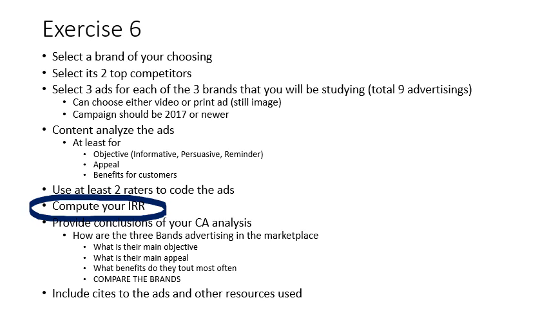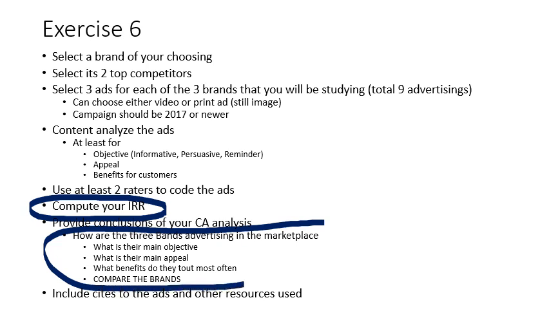And then finally, you're going to provide some conclusions for your content analysis. To do that, I strongly suggest that you compare these 3 different brands in terms of what kind of objective they have for their commercials or advertising, what kind of appeals they use, whether they are different or not, and what kind of benefits they mention most often.